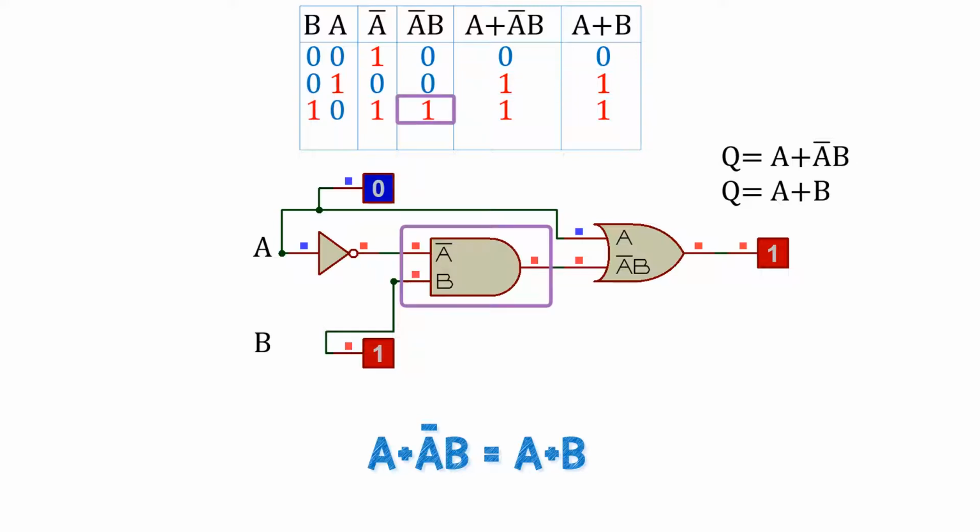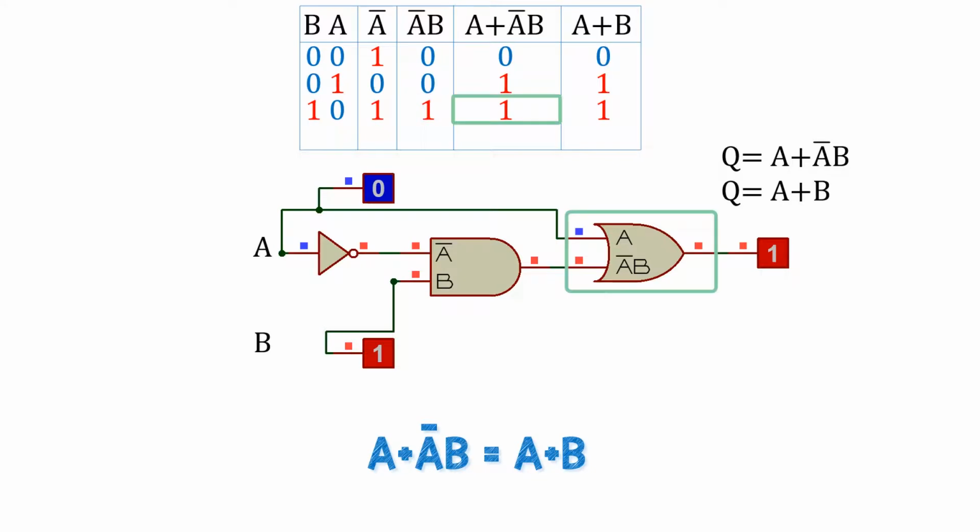And that follows what a 2-input OR gate would do. So far they're true. The third case where B is high and A is low, not A ANDed with B goes high now. So the OR gate has one logic 1 signal on its input, so the output is high.